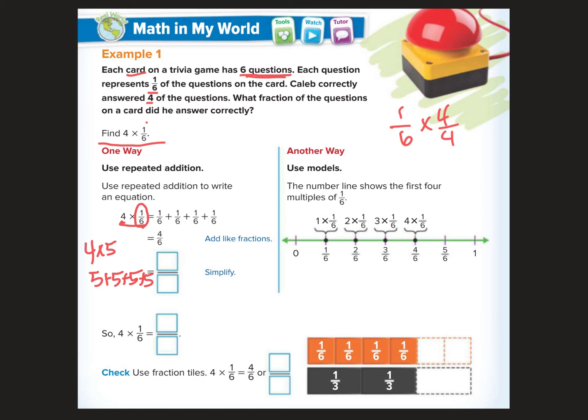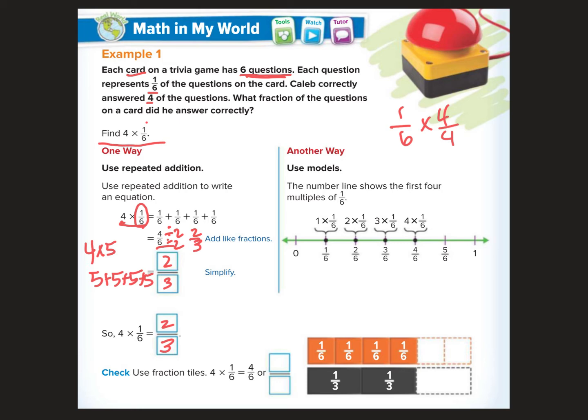So I have to add 4 of the 1/6 together. So we would get 4/6. Okay? So if we simplified 4/6, I could divide by 2 and get 2/3. So 2/3 would be our simplified answer, which means 4 times 1/6 is equal to 2/3.